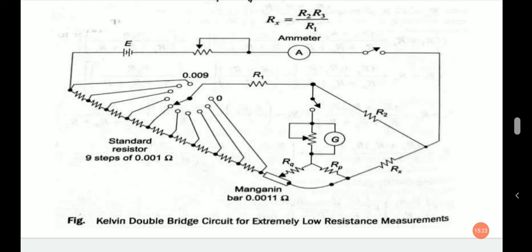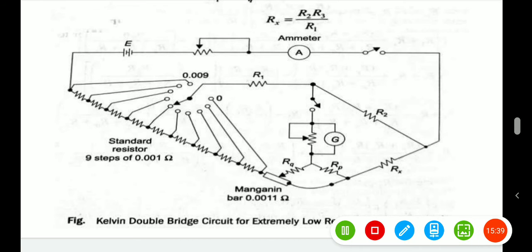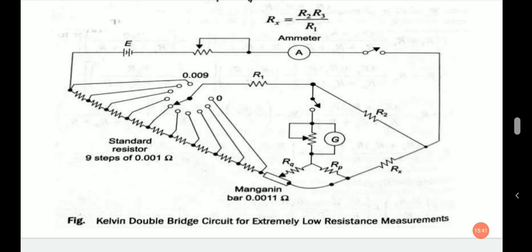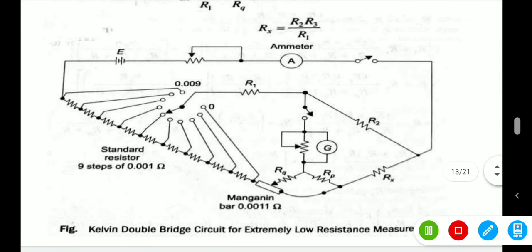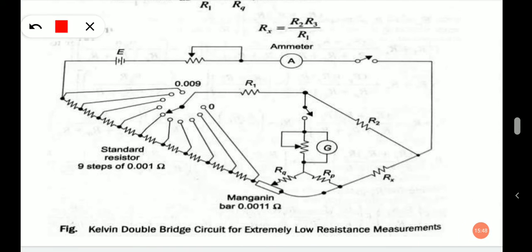It can be seen that there are 9 steps starting from 0.001 ohm to 0.009 ohm, each step being of 0.001 ohm. Here you can see this is the standard resistor R3, with 9 steps of 0.001 ohm.